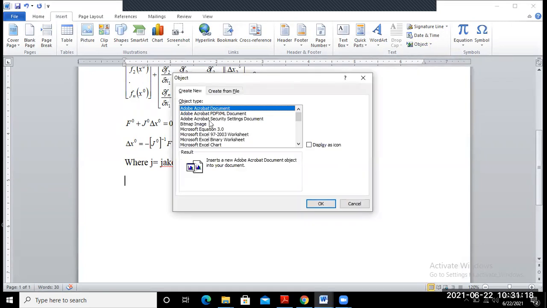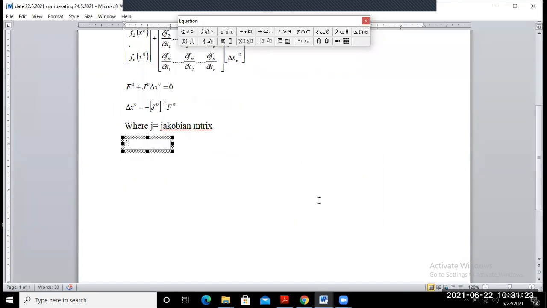Okay. So the first iteration, that means x1 equal to x to the power 0 plus del x to the power 0.